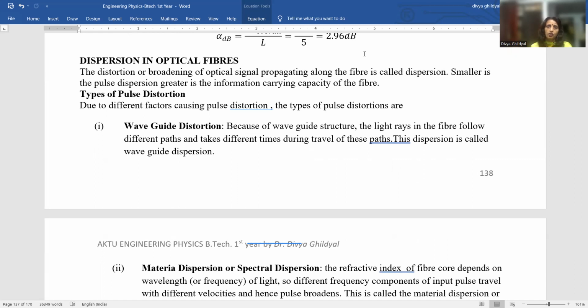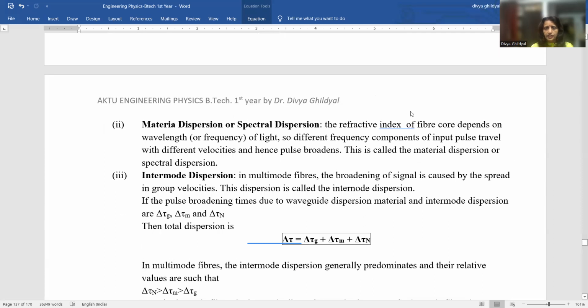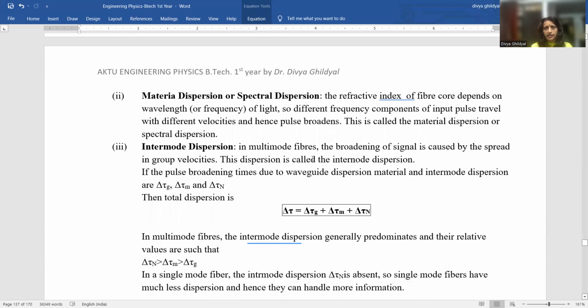Main reasons for losses are because of waveguide structure. The light rays in the fiber follow different paths and take different times during traveling. This dispersion is called waveguide dispersion. Material dispersion: the refractive index of fiber core depends on the wavelength of light, so different frequency components of input signal travel with different velocities, and hence the pulse gets broadened.